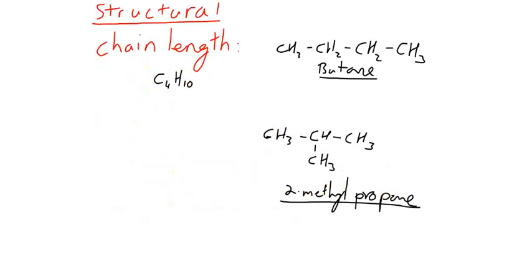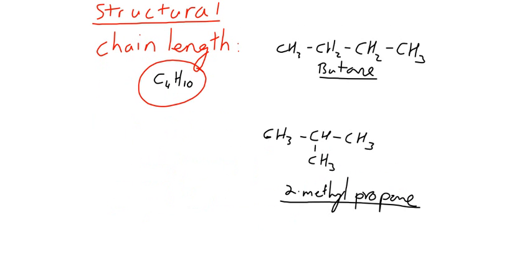Structural isomers with respect to chain length, this is literally, if we have our molecule of butane, C4H10, our simplest way to illustrate it is a straight chain. So 4 carbons in a row, straight single bonds, butane.